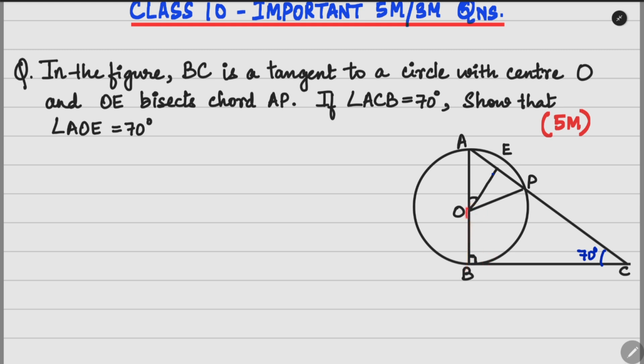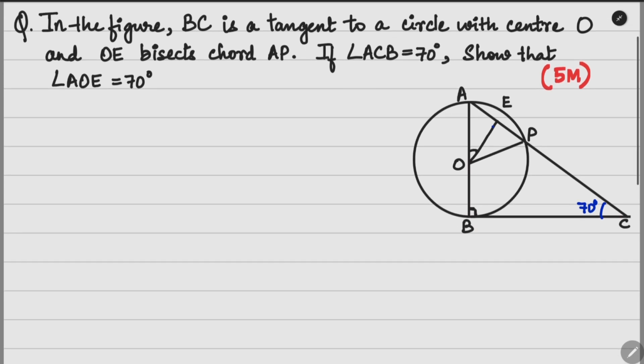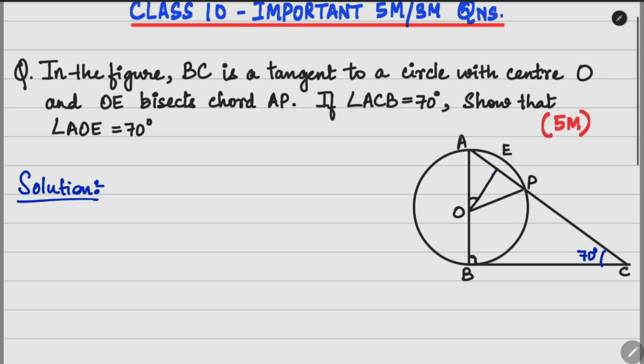So you have your OB is the radius, so any radius through that point of contact, that is B, will always be perpendicular to the tangent through the same point of contact. So let us write this in the very first place. The solution is, I am writing exactly the way you have to write it in your exam if the same question comes.